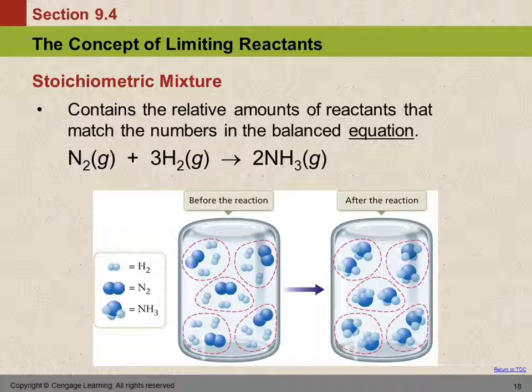Very unusual. We don't usually have this happen in chemistry either. So when it says stoichiometric mixture, it means you have the relative amounts of reactants that match the numbers in the equation. So if you're doing this reaction between nitrogen and hydrogen to make ammonia, it means that for every 1 mole of nitrogen, you have 3 moles of hydrogen. You have just the right amounts of each.